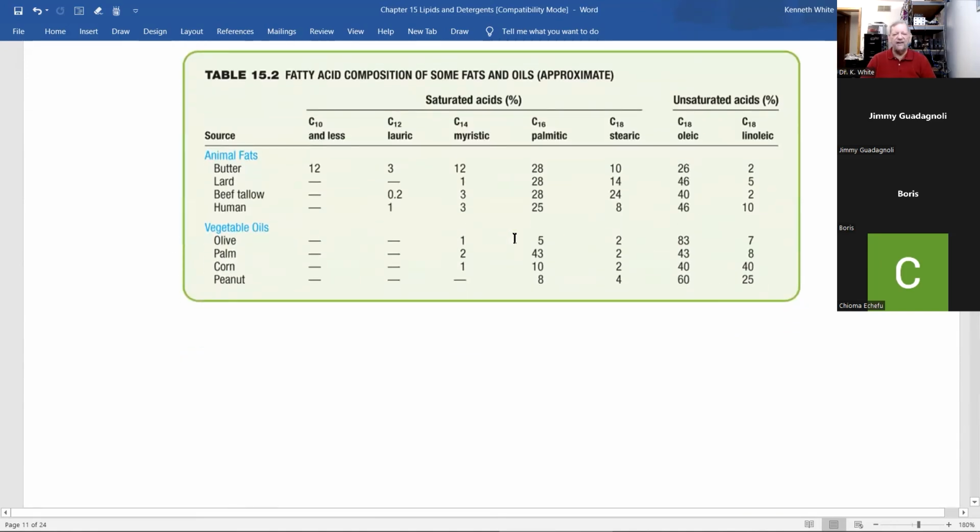Now, from your book, if you look here, you have saturated fats, which give saturated acids, and unsaturated with a double bond. Now, medical science has said unsaturated fats and oils, mainly oils, are much healthier than saturated fats and oils.